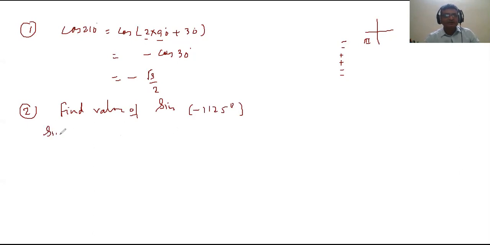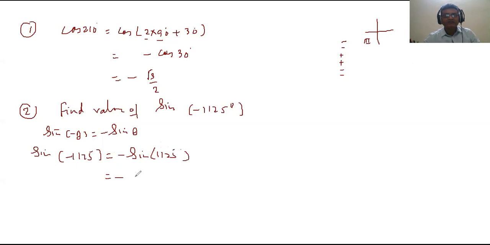First of all, you will use this formula: sine minus theta is equal to minus of sine theta. So sine minus 1125 is going to be minus of sine 1125 degrees.